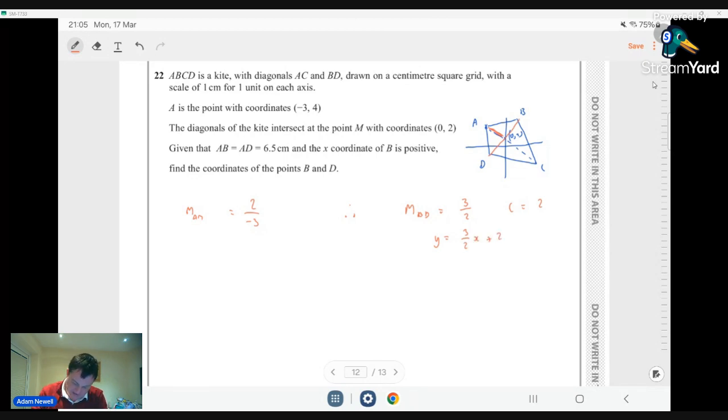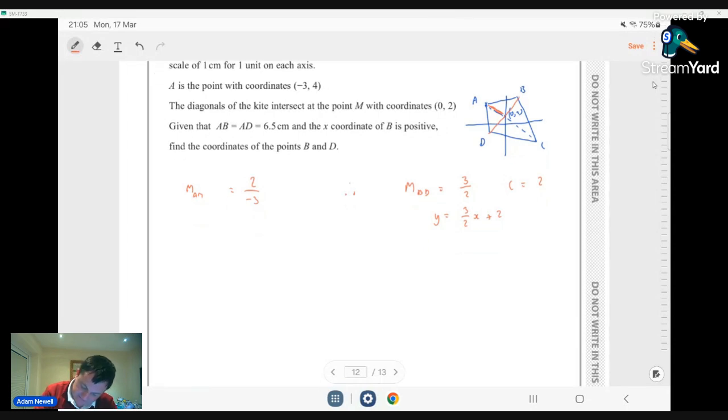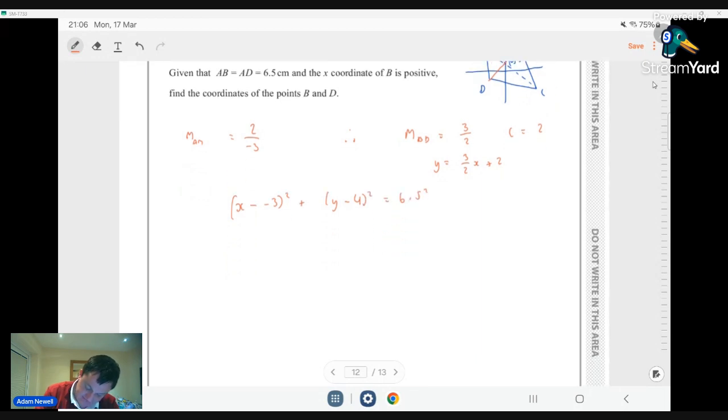Okay, the next bit of information that I can work out is the length of this line here, AB. Well, we know that's 6.5. So Pythagoras, if I say x take away x1, where this is x and this is y, x take away -3 squared plus y take away 4 squared, and I'm using Pythagoras to say that's equal to 6.5 squared.